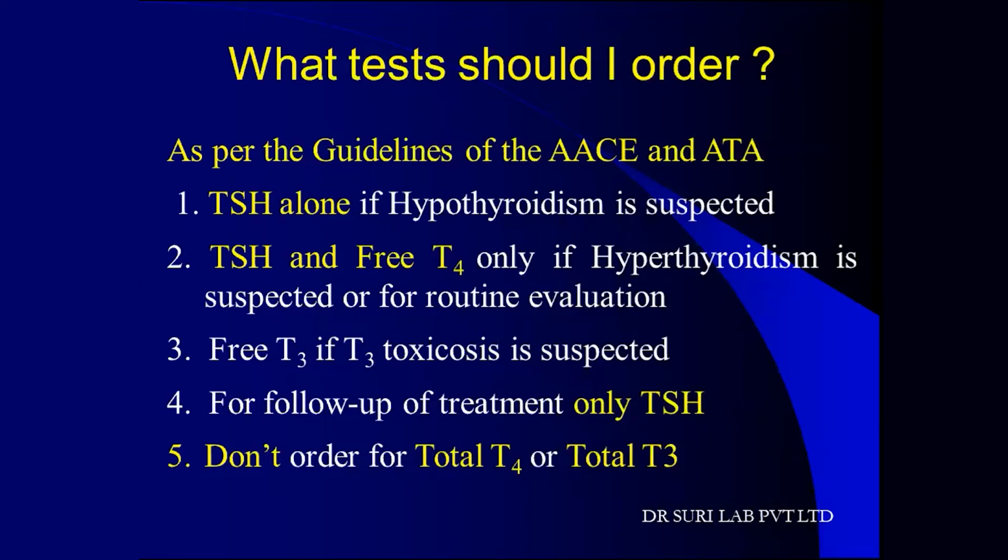We do FT3 only if T3 toxicosis is suspected. This I will discuss a little later. And for follow-up of treatment of patients on L-Thyroxine or Thyronorm, we only do TSH. We usually don't order total T4 or T3. So ideally what we should do is TSH, or FT4 with TSH, and only FT3 when we are suspecting T3 toxicosis.